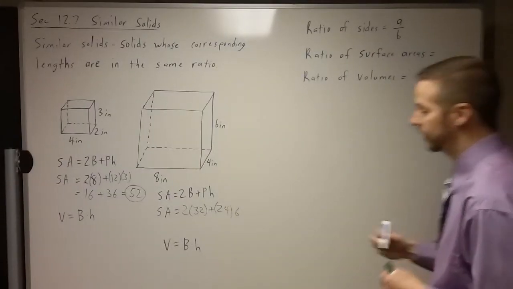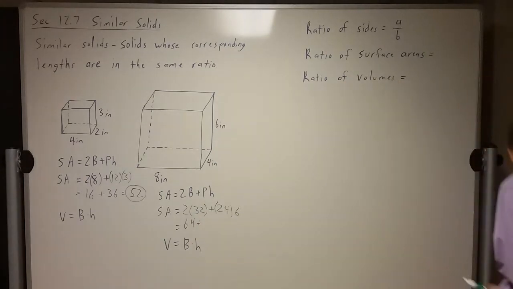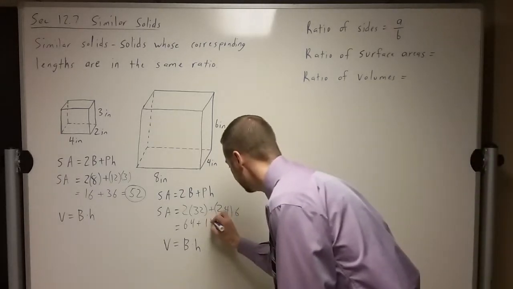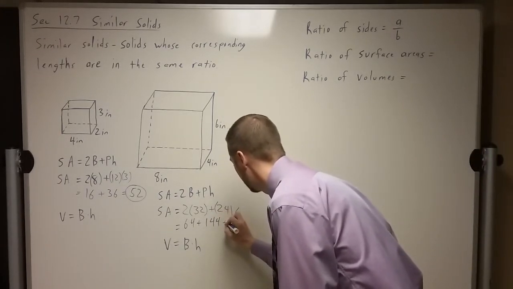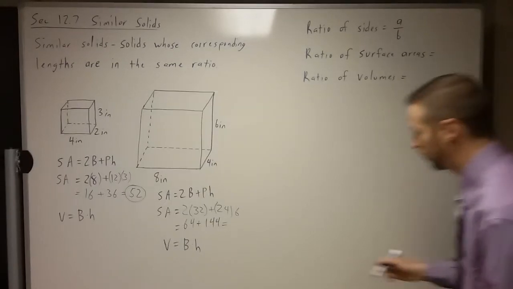So this is going to give us 64 for this part, plus 24 times 6, which gives us 144 for that part. If I add those two together, that's going to give me 208.